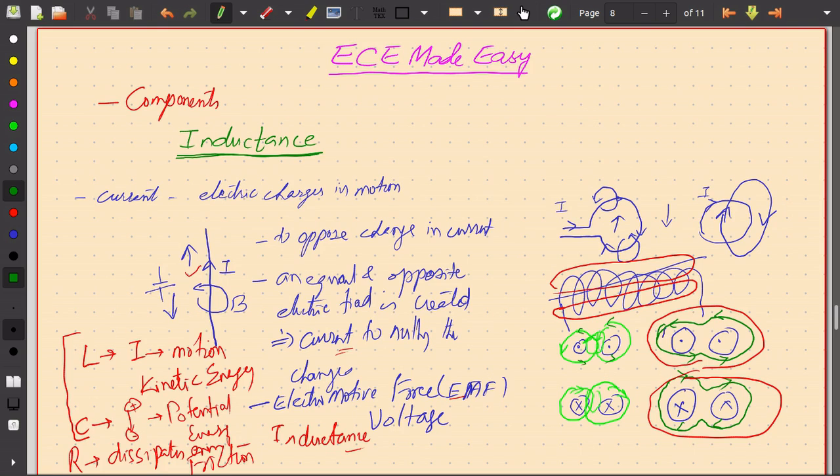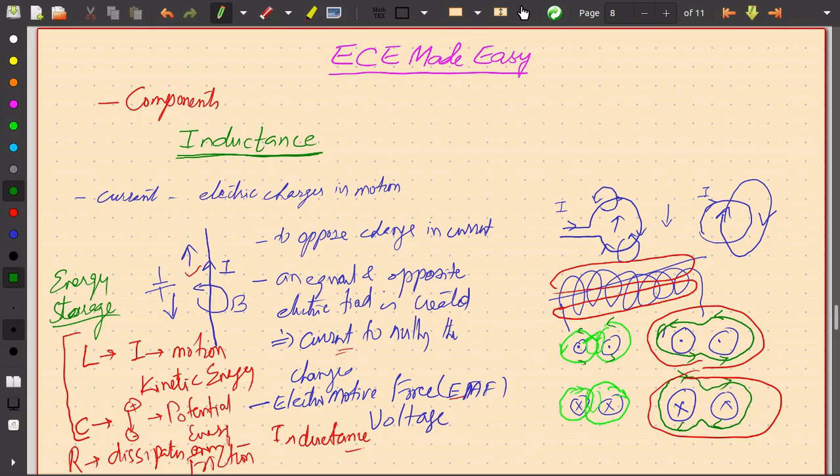So we can say that energy is stored in the form of magnetic field. Inductance stores the energy in the form of magnetic field or kinetic energy, and capacitance stores the energy in the form of potential energy. So these two are energy storage systems, whereas this one is energy dissipation.